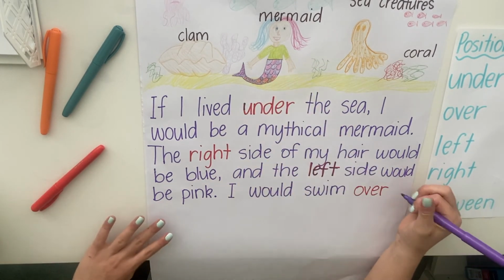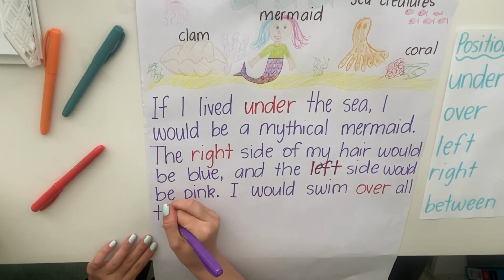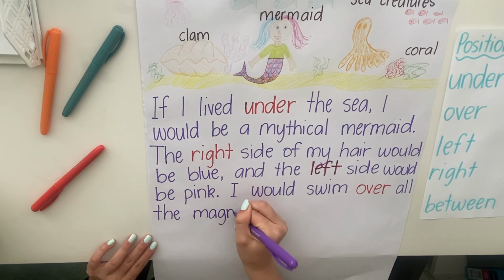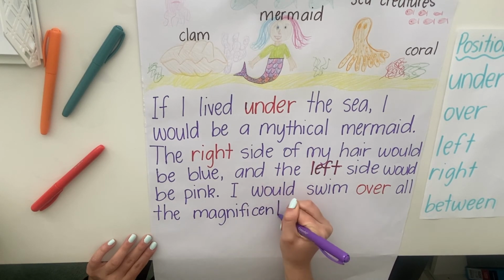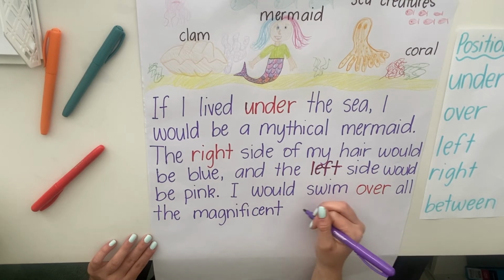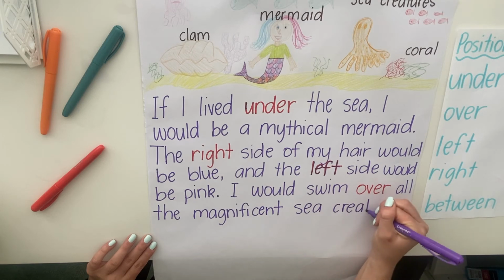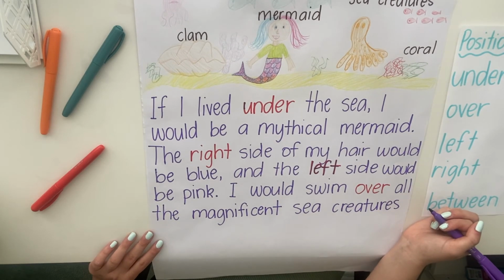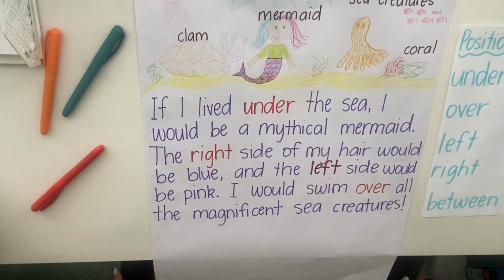Over all the magnificent sea creatures. And I'm even really excited about that one. It's magnificent. So I'm going to use an exclamation mark to put feelings and excitement in that sentence.